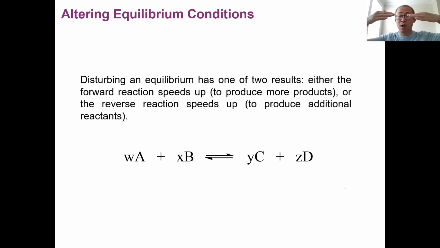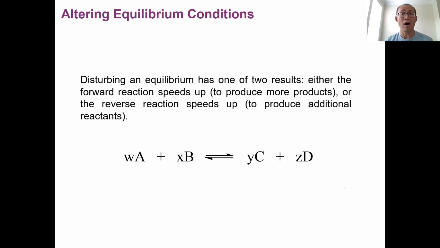But once it's disturbed, there are only two scenarios. One scenario is the forward reaction will speed up to give you more product. Or the other is the reverse reaction speeds up to give you more reactant. So it's either one of those. Once you disturb an equilibrium, you either increase the forward or increase the reverse, because originally they're the same.